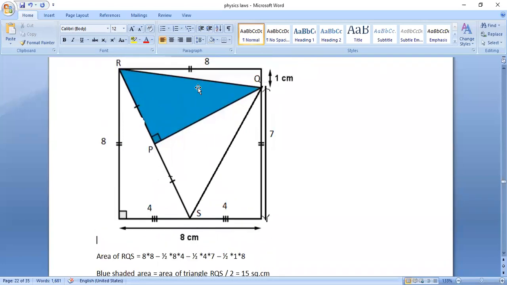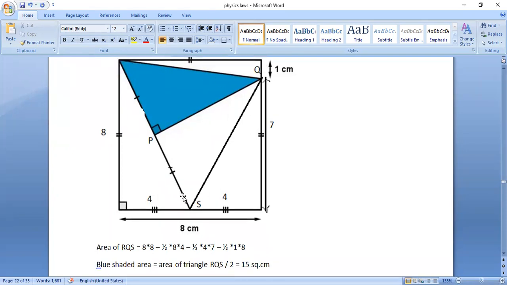Here they've given that this length RP and PS is the same, right? And PQ is common for both of them. So the base is the same and the height is the same. That means the area of both the triangles will be equal. Okay, and the area of RQS will be equal to the area of the square, which is 8 into 8, minus the area of this triangle, half into 8 into 4, minus the area of this triangle, which is half into 4 into 7, minus the area of the small one, half into 8 into 1.